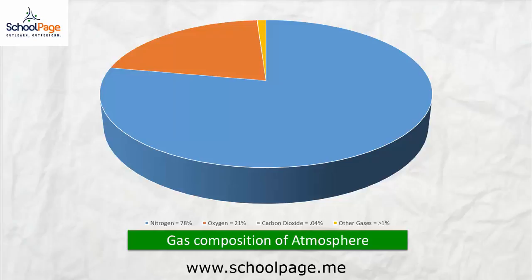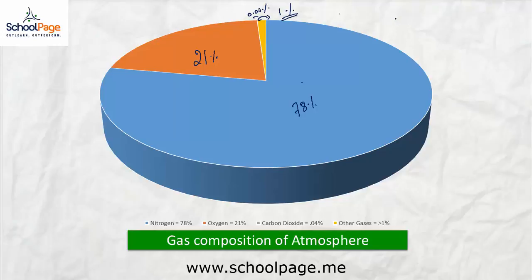What you are observing now is the gas composition of atmosphere. Major portion of the atmosphere is filled by nitrogen up to 78%, whereas 21% of oxygen is present. You can see that the carbon dioxide occupies only 0.04%, whereas other gases are less than 1%.